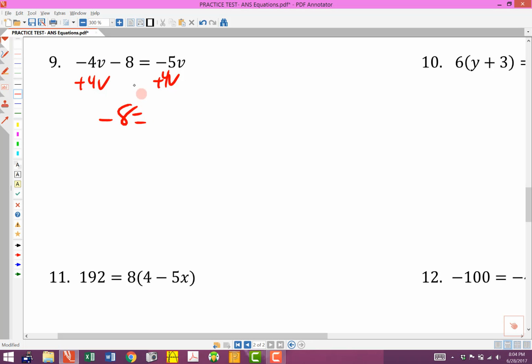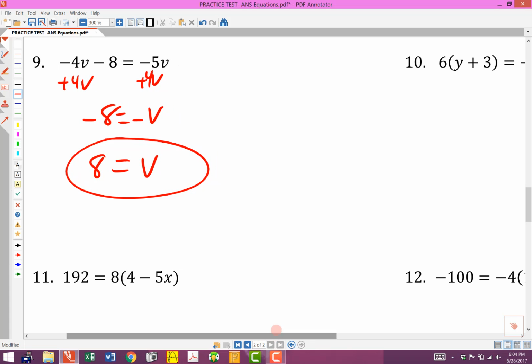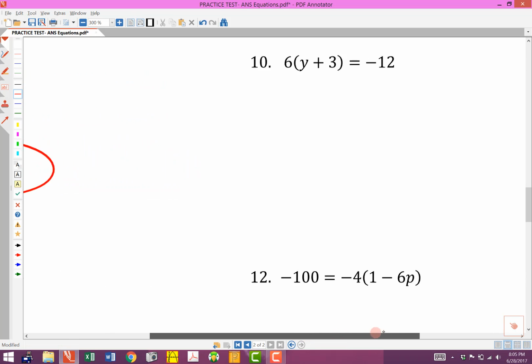We're left with a negative 8, and then this is going to be a negative v, negative 1v. So we're nearly there. We don't want negative v, we want its opposite, positive v. So we don't want negative 8, we want its opposite, positive 8, and there's the answer. Really quick if you do it that way. I mean, you could move the negative 5 over by adding 5v, but then you've got to move the 8. Just a much longer process.